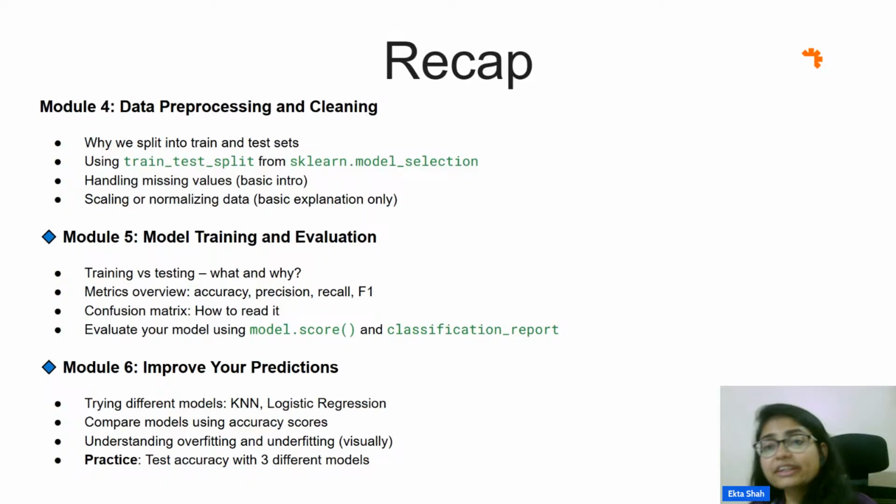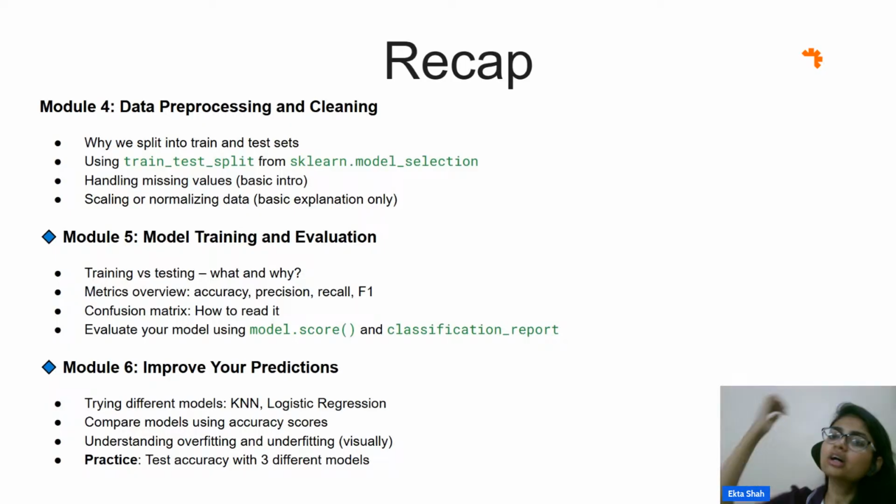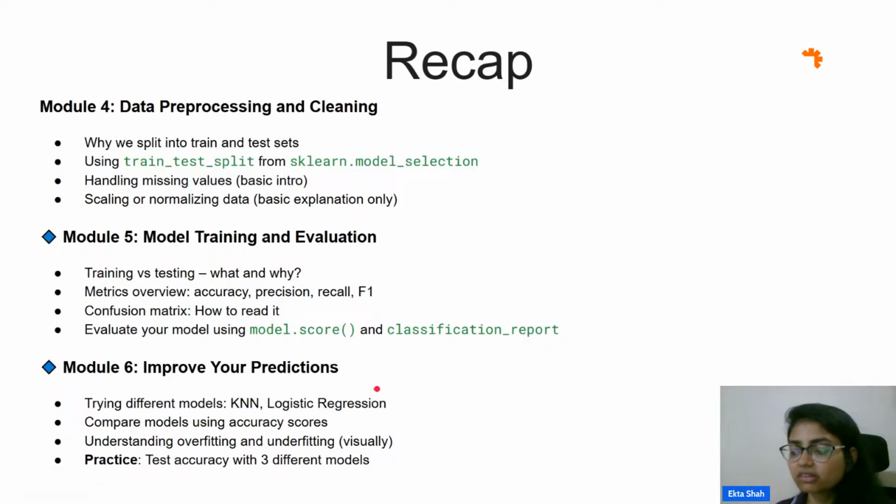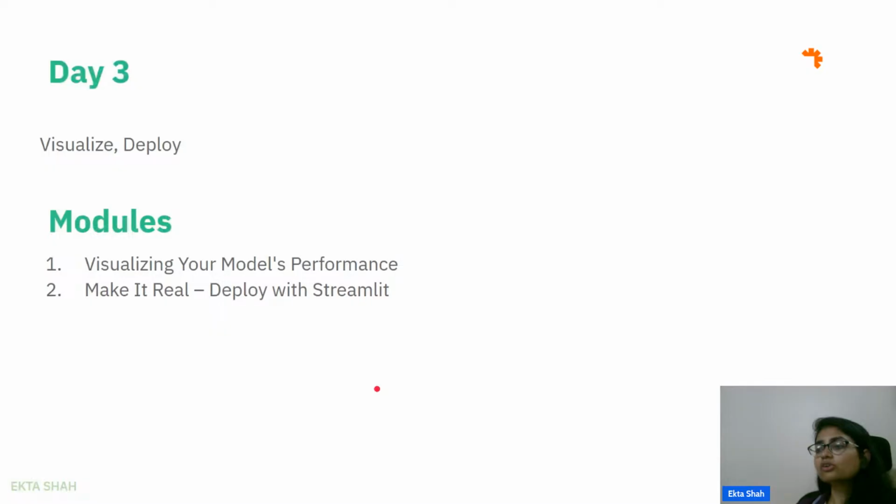You can even rewatch today's earlier segment as well as go through yesterday's topic, because now we'll move on to understanding the concepts that we are to cover today. Today is day 3, the penultimate day of the bootcamp. Today we learn about visualization as well as deployment. The first module would be to visualize your model's performance.